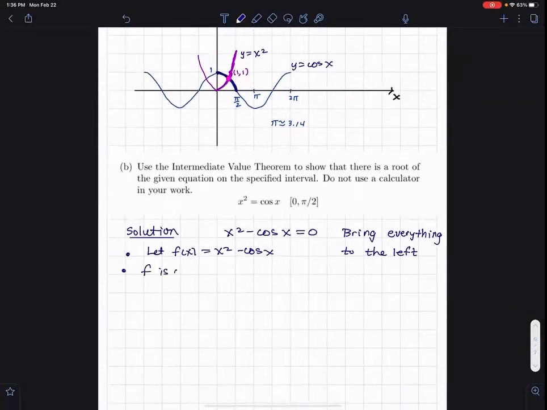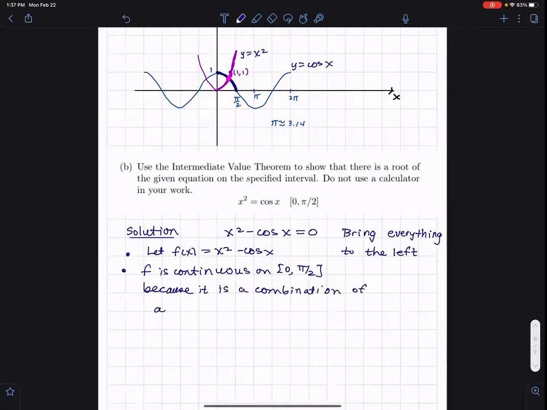F is continuous on this interval because it is a combination of a polynomial and a trig function. So that's why it's continuous.